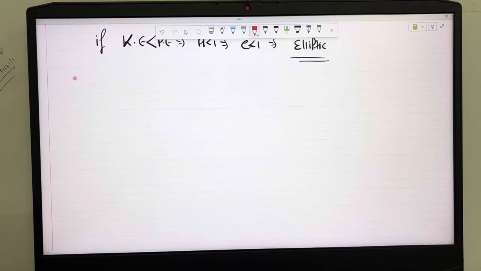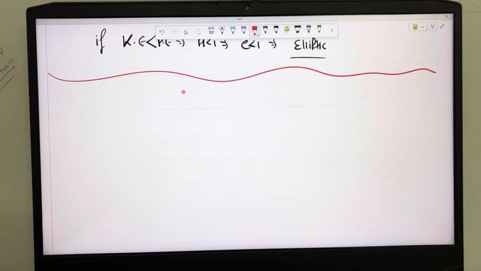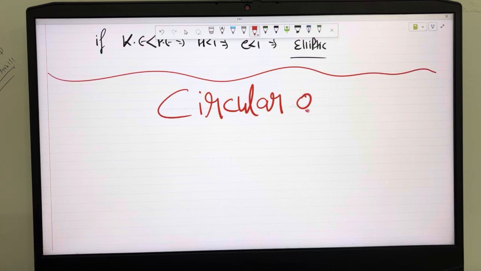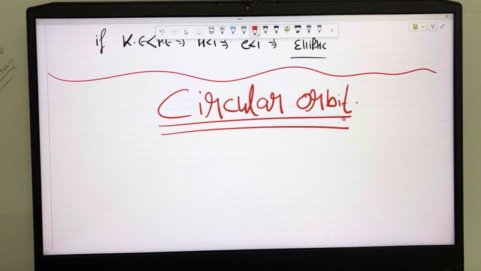The questions are coming from here, and from the next topic in the next class, that is the elliptical orbit. Mostly the questions arise from this topic.